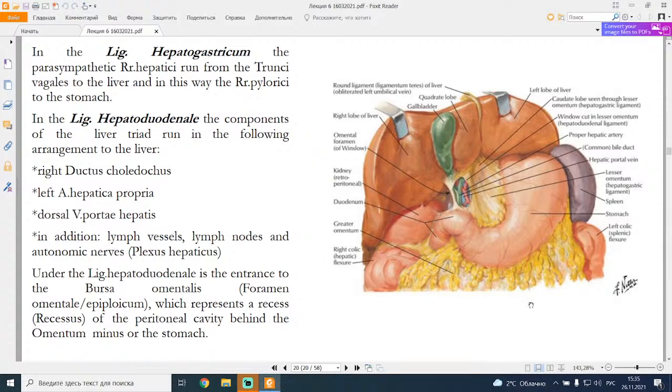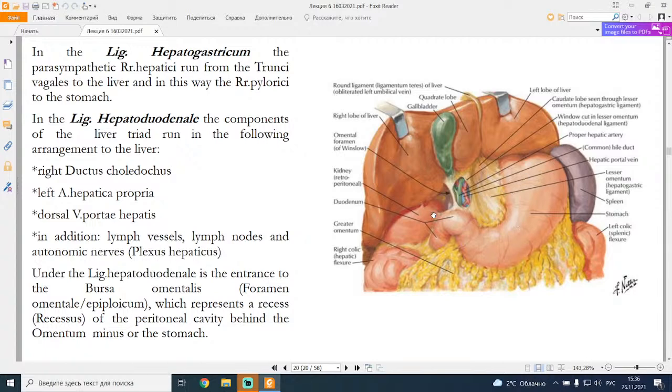In the ligamentum hepatogastricum, the parasympathetic rami hepatici run from the trunci vagalis to the liver, and at the base the rami pylorici to the stomach.